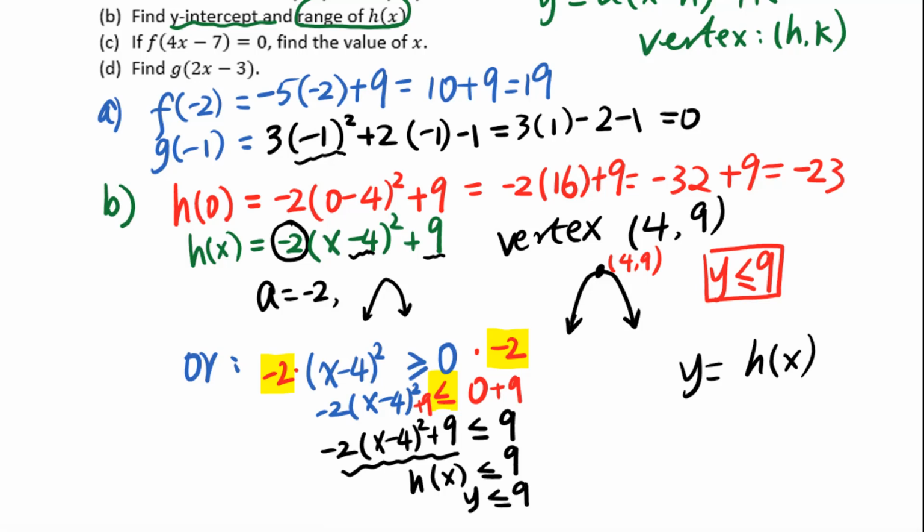This will be the range for h of x. So for B, you have two ways to do that. First method is to figure out the vertex and then what kind of graph this quadratic function has. Then you can figure out this range. Or you go through this step to figure out the range.